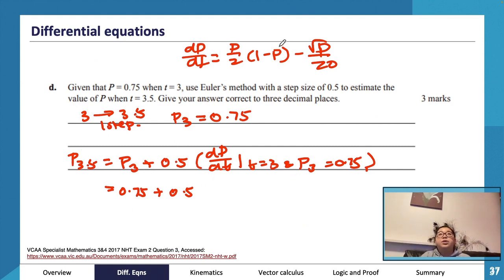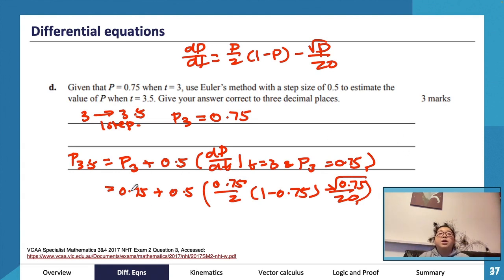So therefore what we can do here is substitute that in, and the t doesn't actually matter in here, so we can just leave that. So we'll have 0.75 over 2, 1 minus 0.75 minus 0.75 rooted over 20. And then we can put that all into our calculator, or you can find it by hand, up to you.